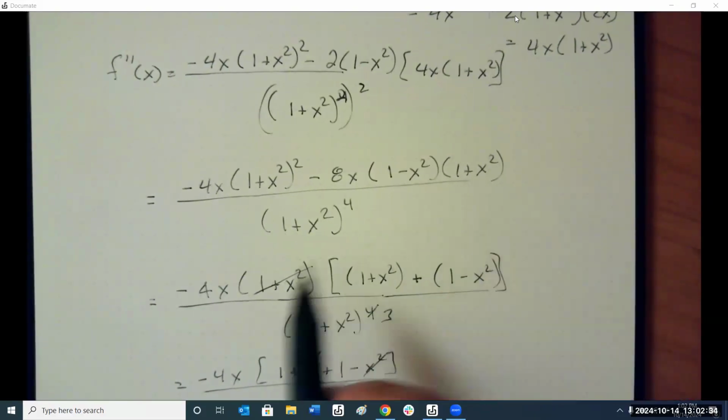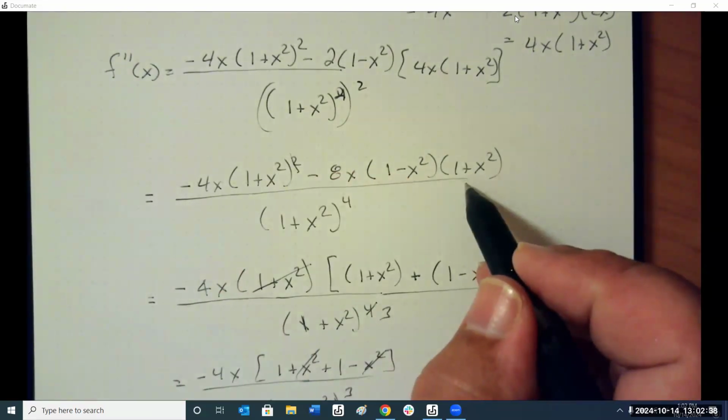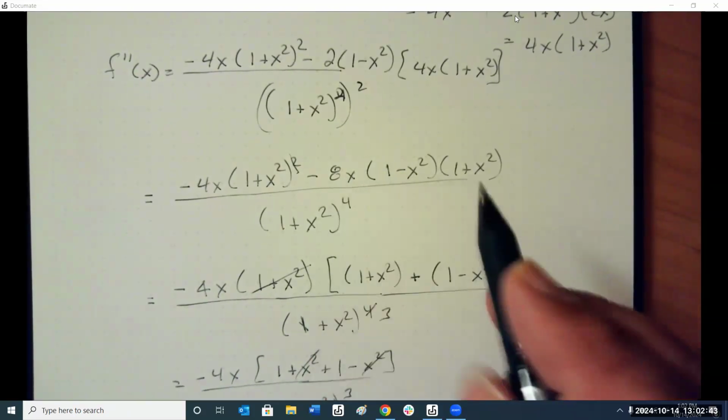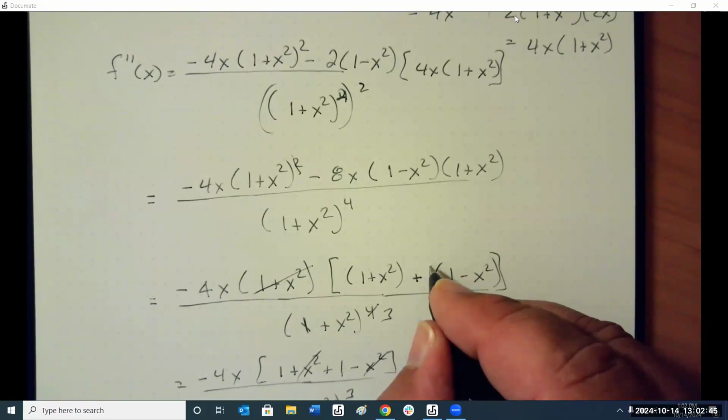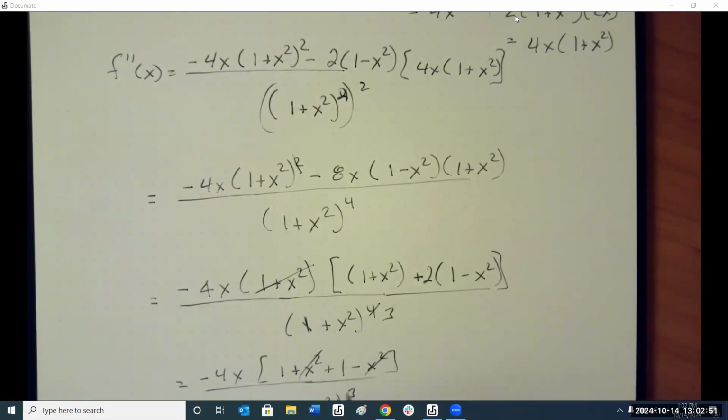I got the 1 plus x squared. One of these is gone. I forgot the 2 right there.